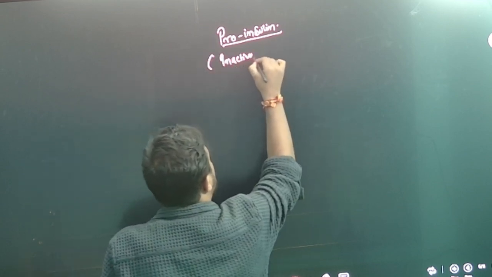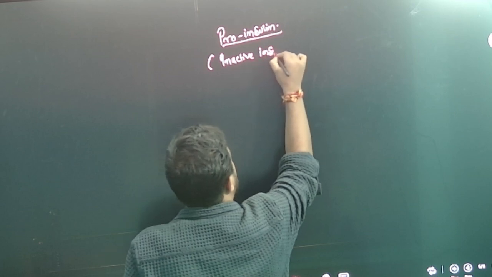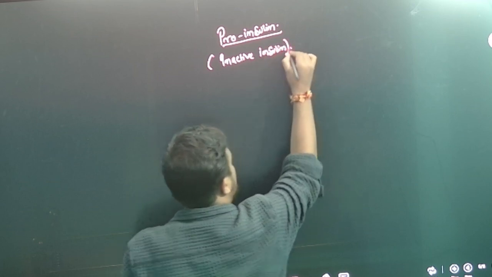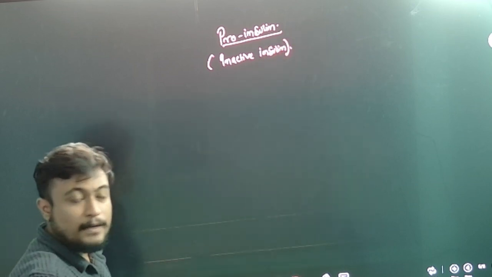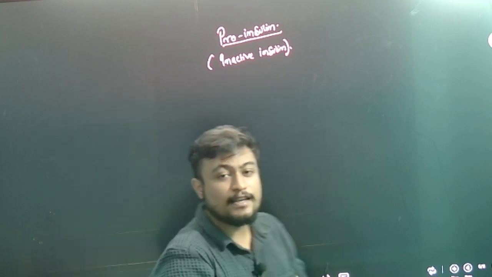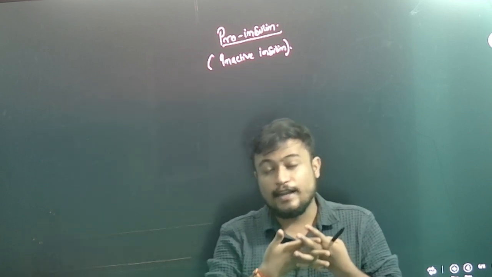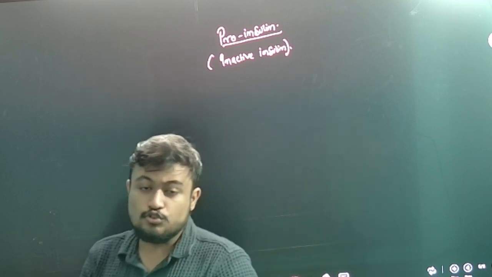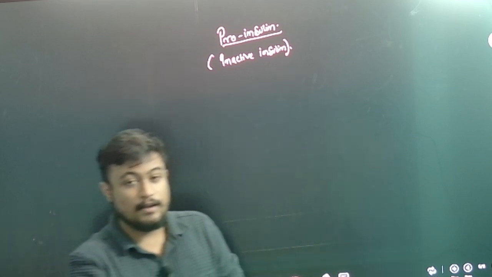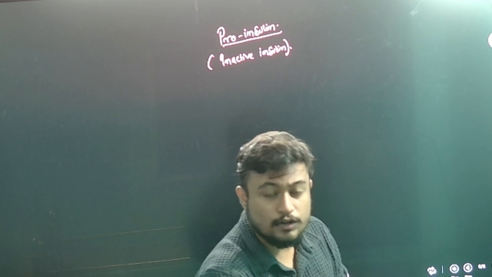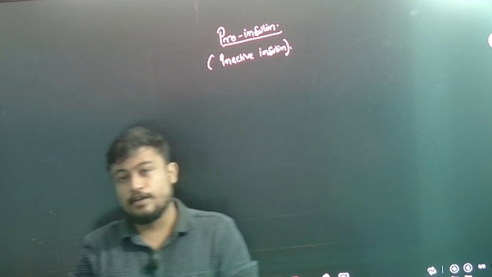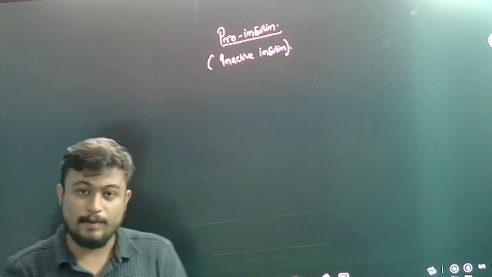What do you mean by inactive insulin? It means it cannot exert the effect that it is meant to. The effect that was needed, that is to reduce the blood sugar level, it cannot reduce the blood sugar level as it is expected to do.